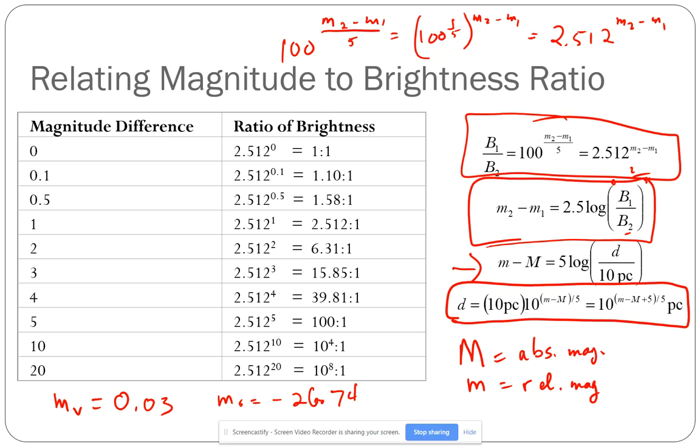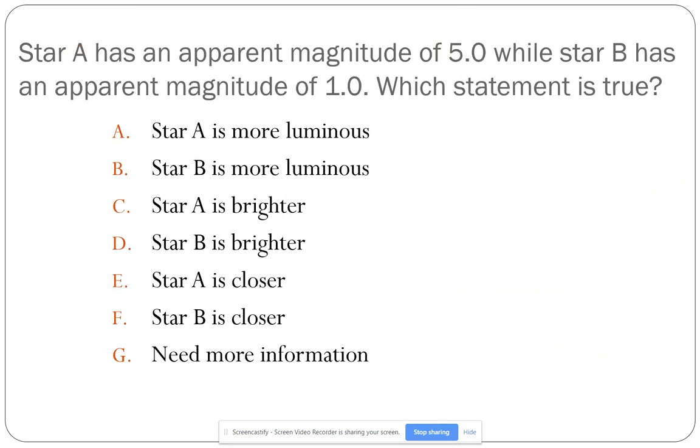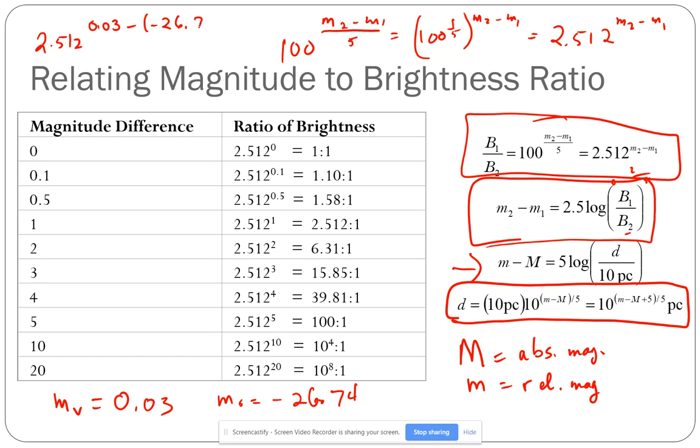So that means I'm going to have 2.512 raised to the 26.77. That is how much brighter the sun is.